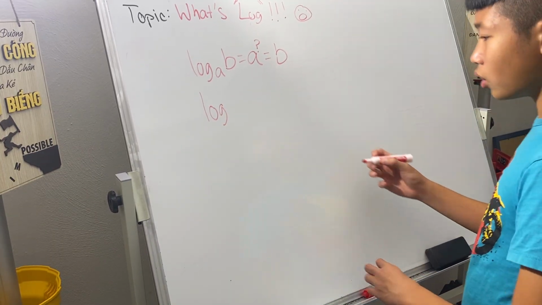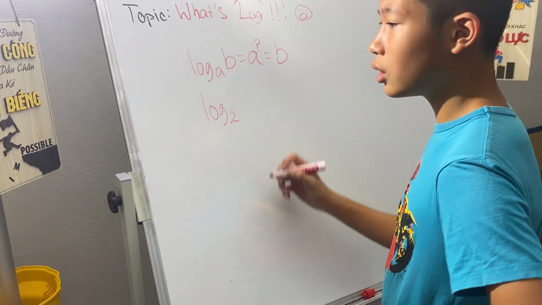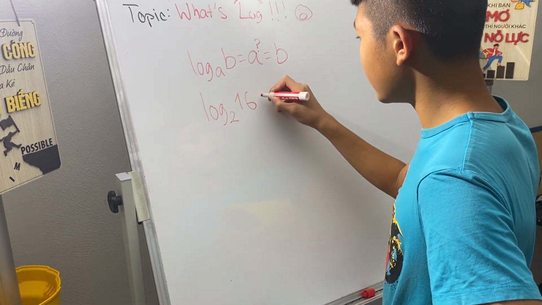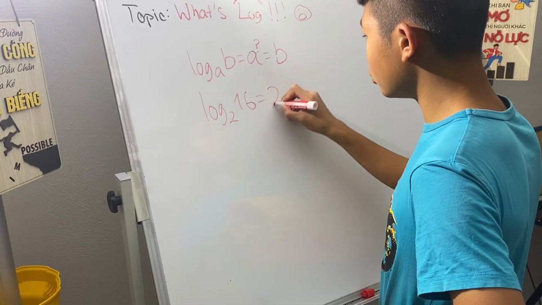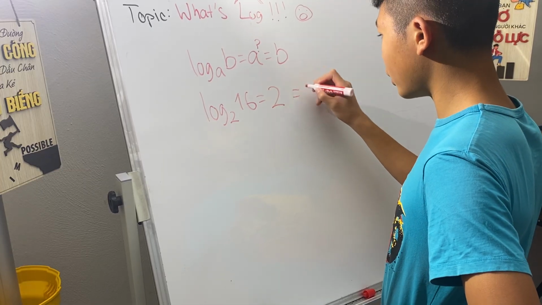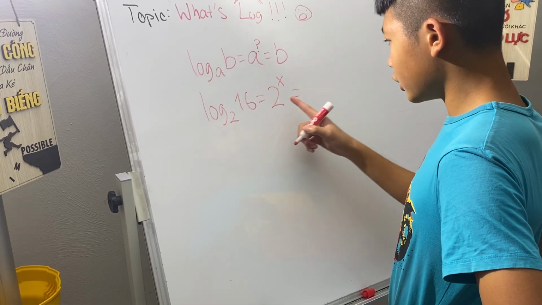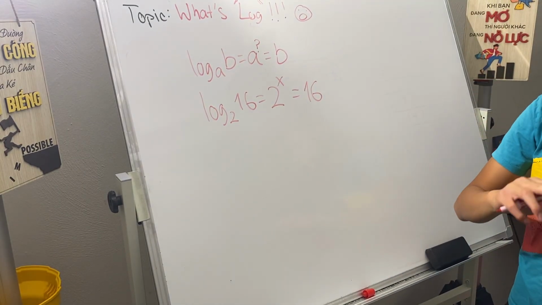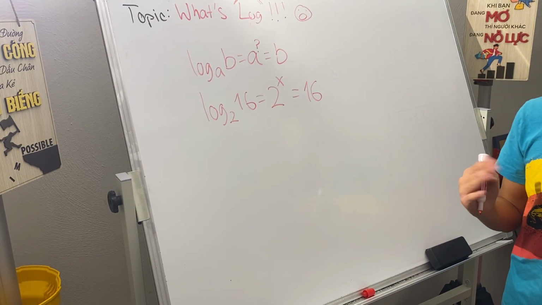Let's say you have log base 2 of 16. This will equal 2 to the what power equals 16. 2 to the 2 is 4, 2 to the 3 is 8, and 2 to the 4th is 16.